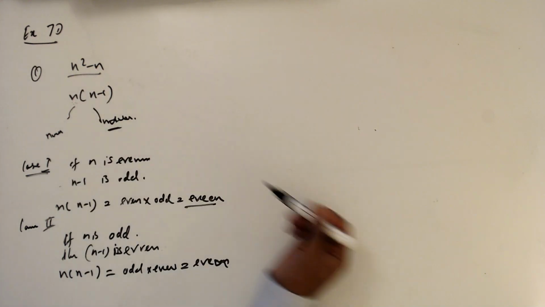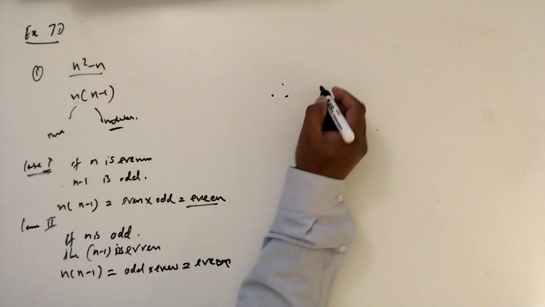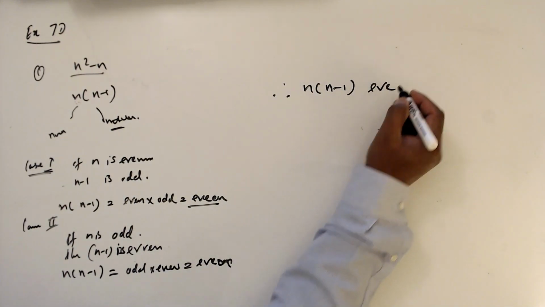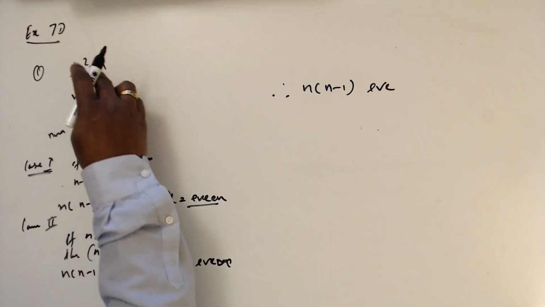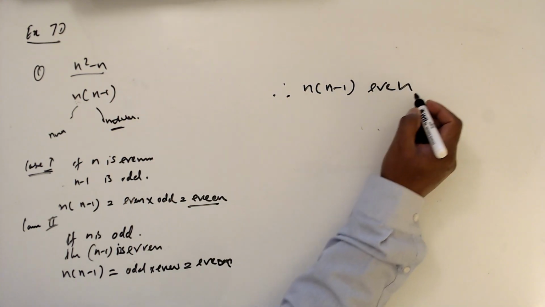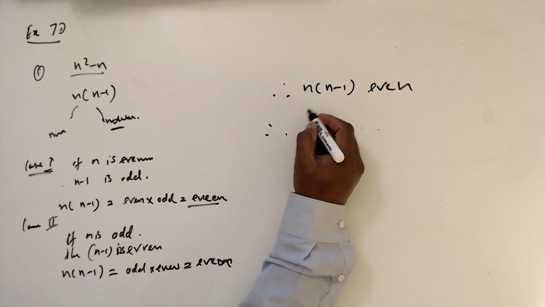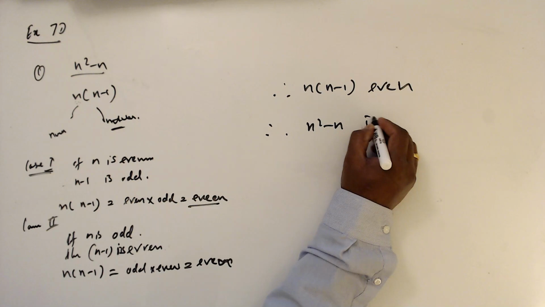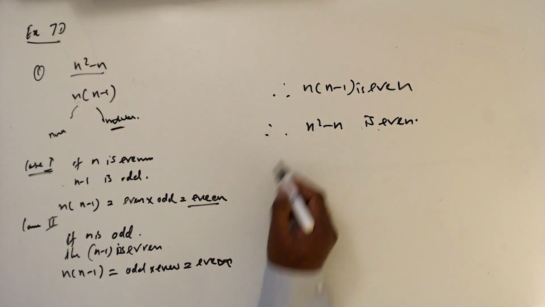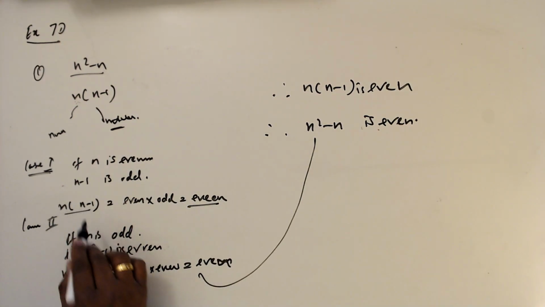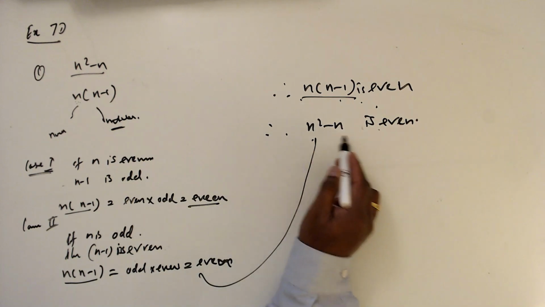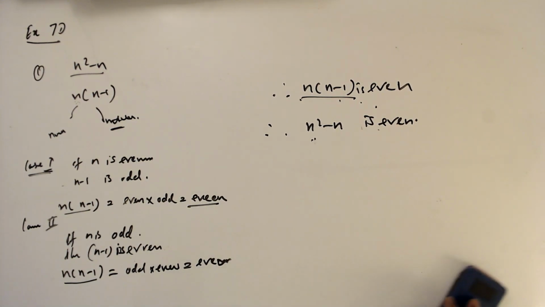Hence, n times n minus 1 is even. You can't write straight from here to here because we discussed on this one, so you have to stay with this one. n times n minus 1 is even, hence n squared minus n is even.